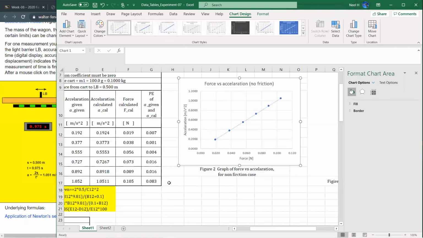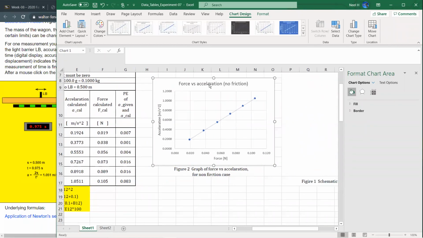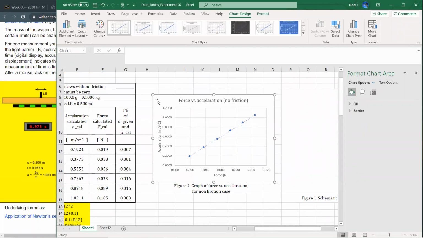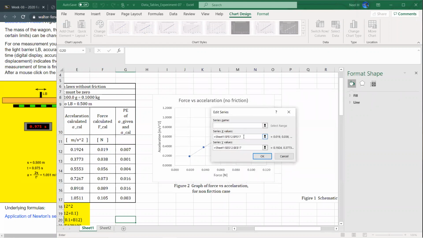But to follow the lab manual exactly, we'll change this axis, okay? We'll flip the axis. Double click on the graph, figure number 2, select data on right hand side top. Click on the series, click on edit. Then you can see x-axis values here, delete everything there.